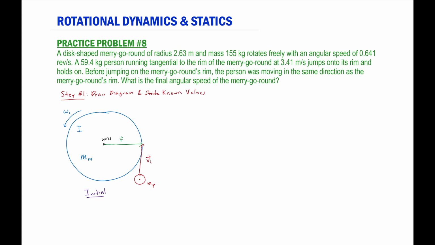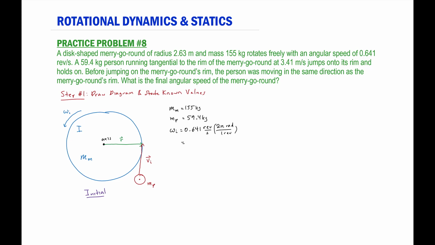So what values are we given? We know m is equal to 155 kilograms. We know mp is equal to 59.4 kilograms. Omega i is 0.641 revolutions per second, but in one revolution there's 2 pi radians.